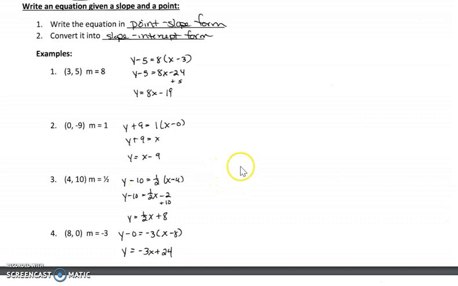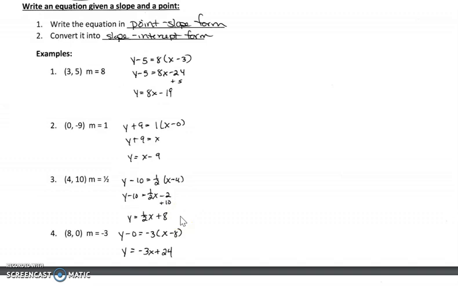It's 1 over 2 times 4 over 1. If you need to write that out, you would get 4 over 2, and 4 divided by 2 is 2. One's positive, one's negative, so minus 2. You're then going to add 10 to the other side, so you get plus 8.